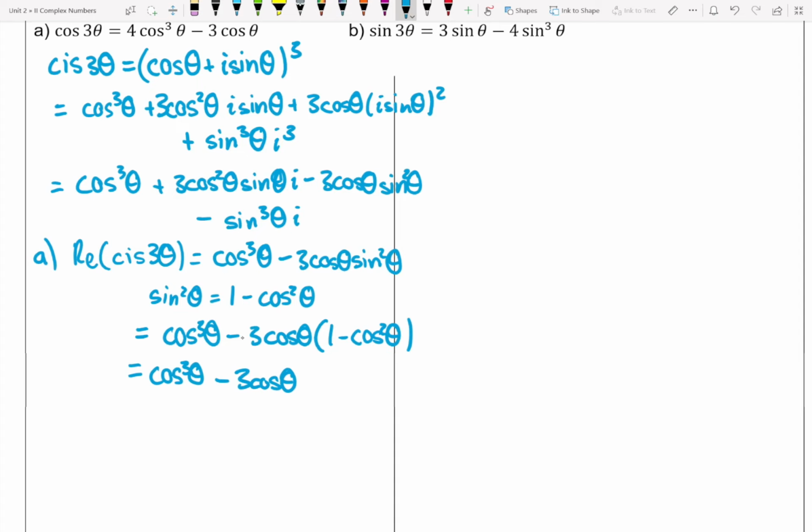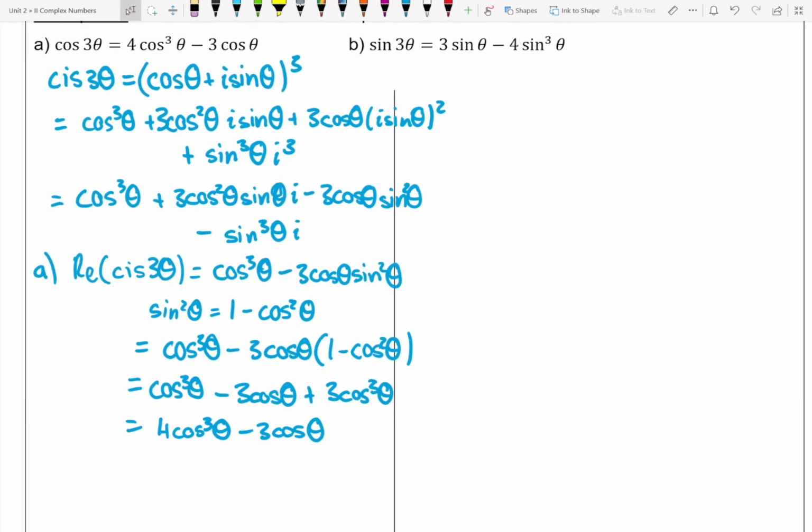And then we get minus 3 times negative, so that's plus 3 cosine cubed theta. We have like terms here, we group them, we get what we expect, which is 4 cosine cubed theta minus 3 cosine theta. And we can see that up the top there.